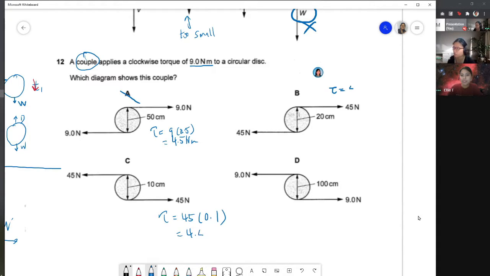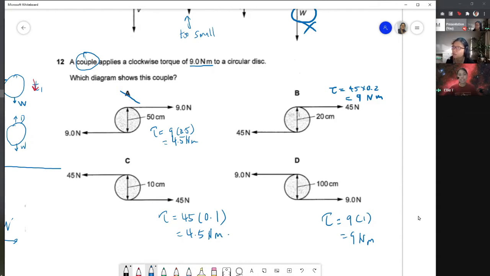So this is 4.5 Newton meter. Hang on. Then this one here would be 9 times 1. So this is 9, because 100 cm is 1 meter. 9 Newton meter. Got two 9 Newton meter.